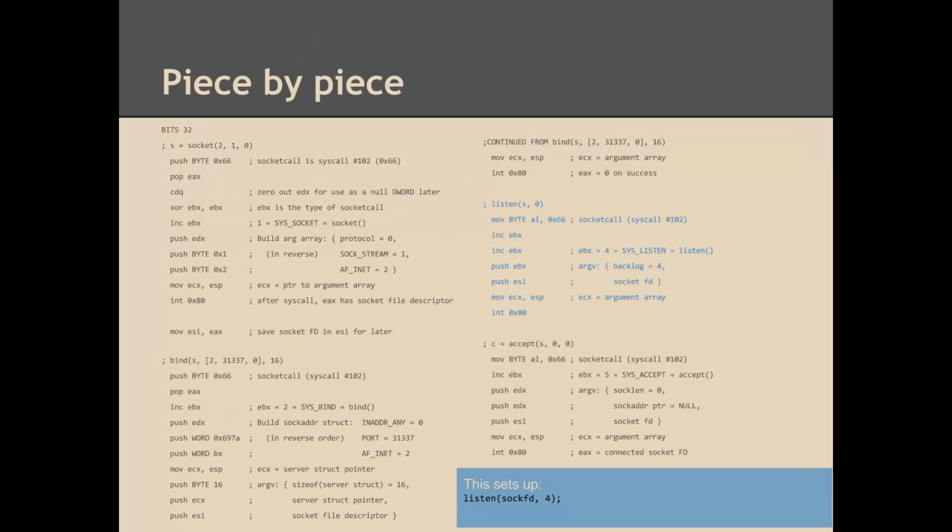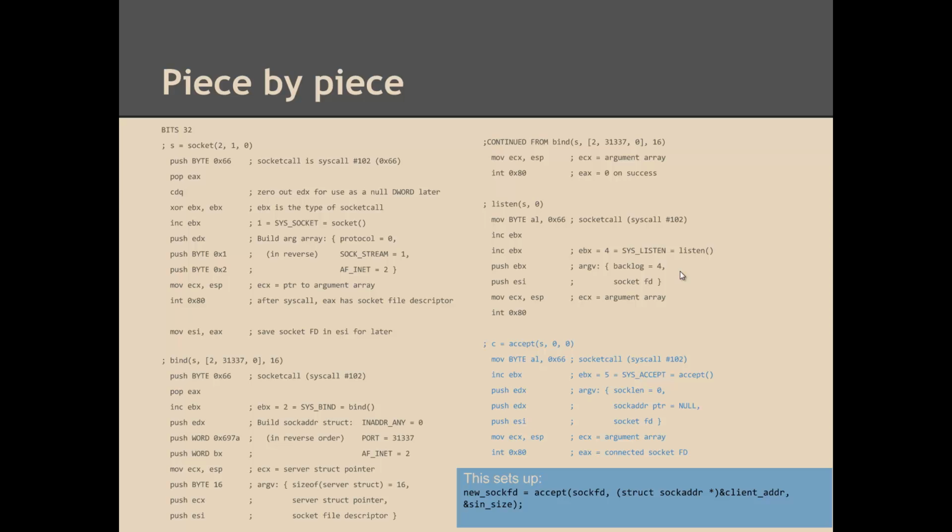And this shellcode simply just sets up the socket call for listen. So as you see, int 0x80 is called yet again, and ECX is set to point to the stack, and the stack is where the arguments are, and it's pretty straightforward.